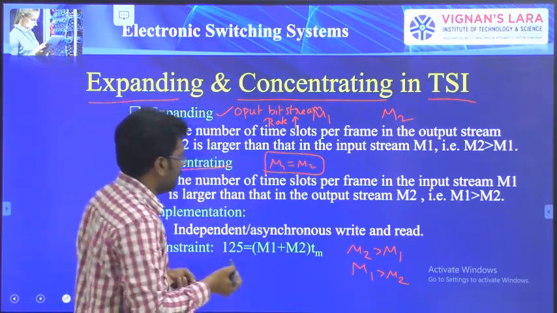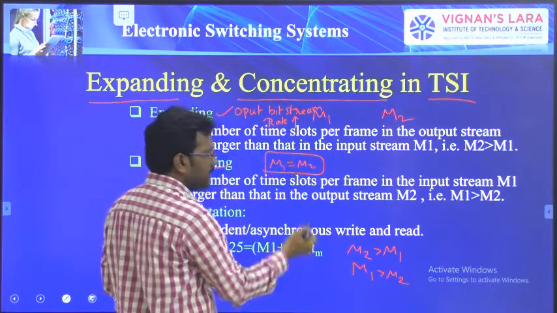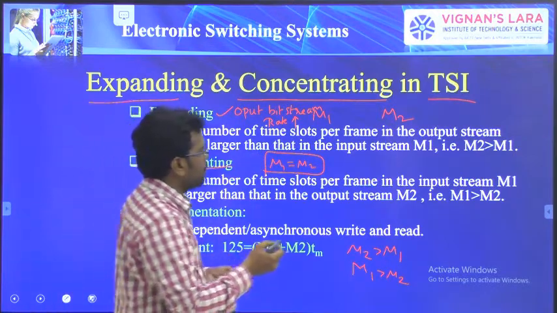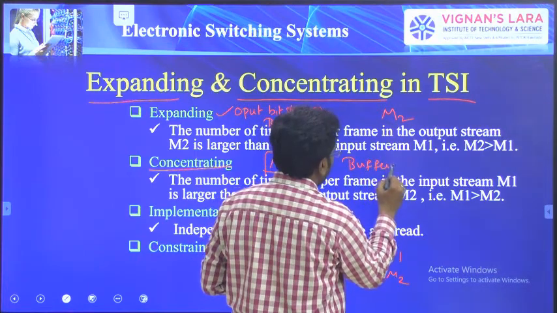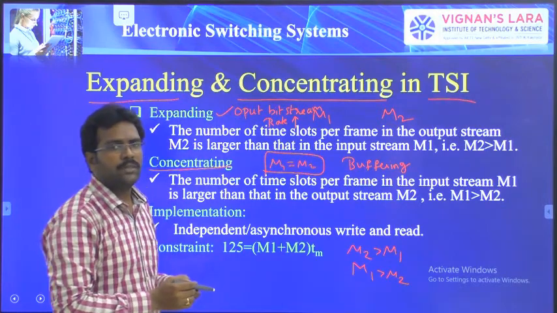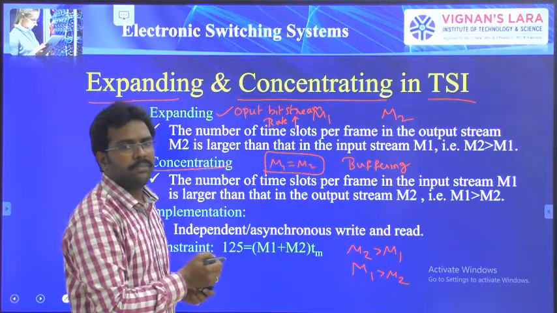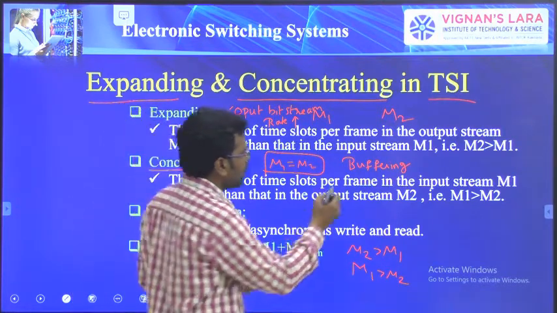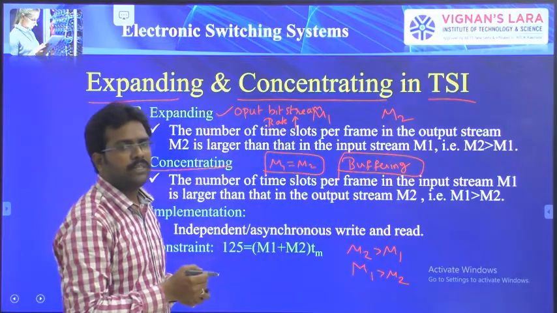One more point here is, when we are using these expanding and concentrating modes, we have to use buffering at the input side as well as the output side, so that we can maintain a constant bit rate. If you are interested in getting a uniform bit rate, then you have to use some buffering scheme at the input side as well as the output side.